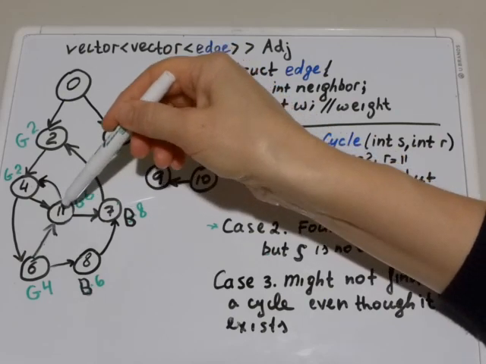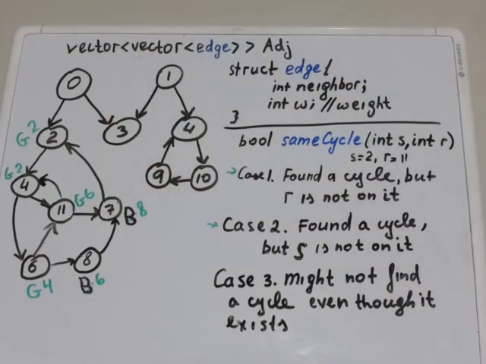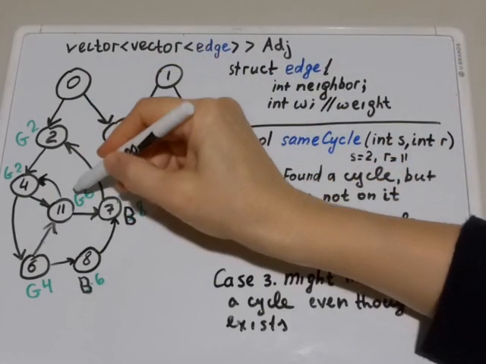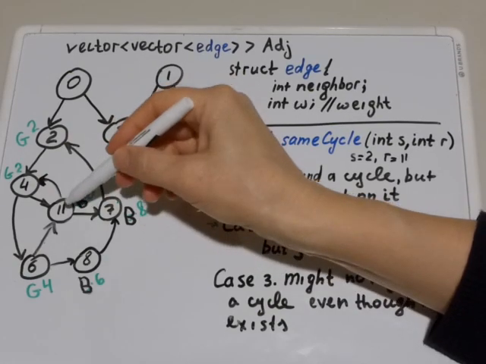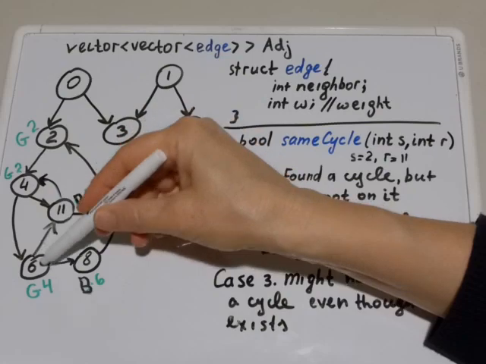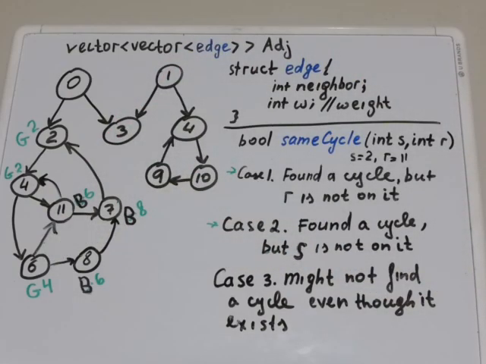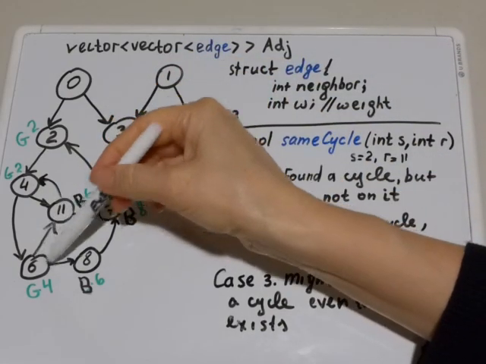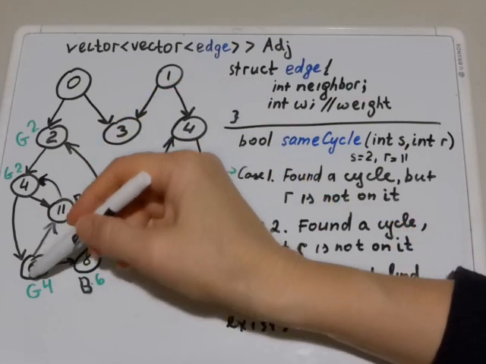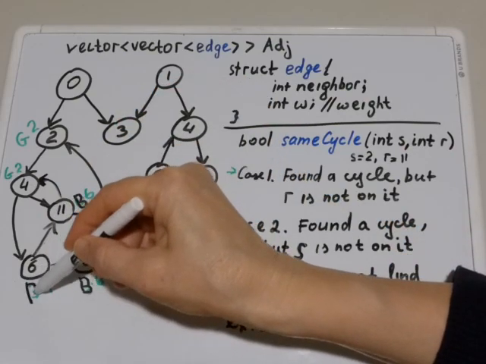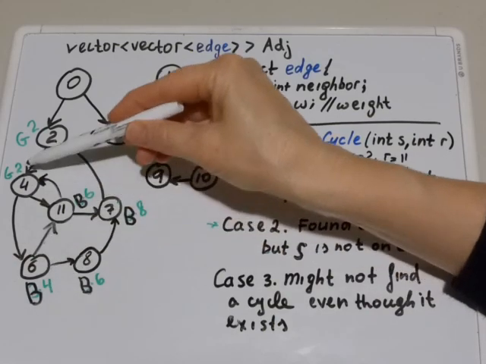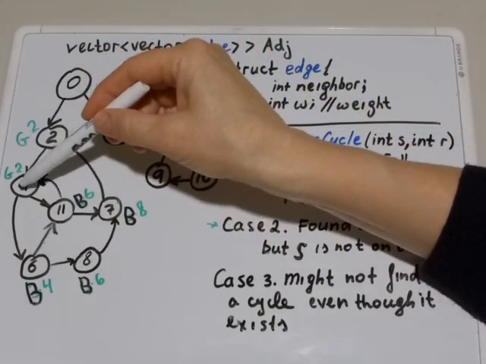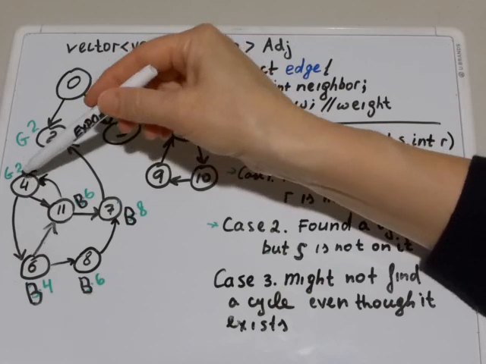That means we reset the color of 11 to black, because we're done with its children, we checked its children, and we return to its parent. Parent is 6, so we return right here. Now 6 was done with both of its children, so 6 will set itself to black and will return to its parent 4. 4 is not done with its children.